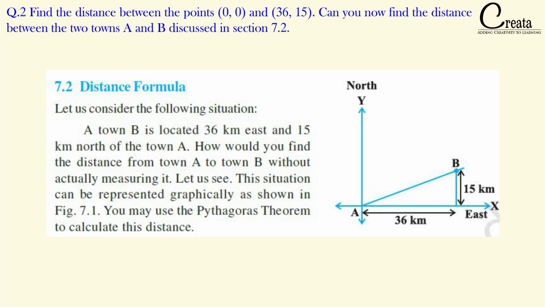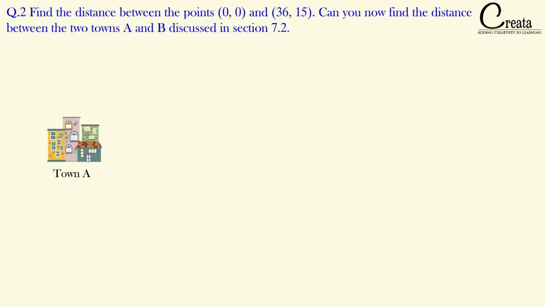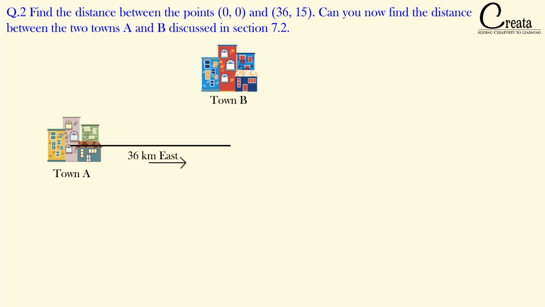In this section, a scenario is given in which we have two towns, town A and town B. The direction and distance of town B is given with respect to town A. That is, town B is 36 km east of town A and 15 km north of town A. That is, the x and the y coordinate of town B is given.